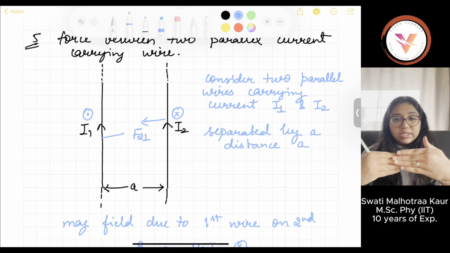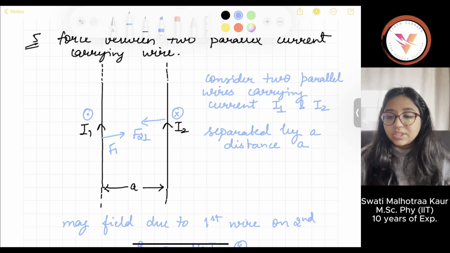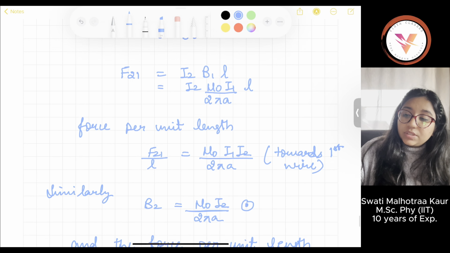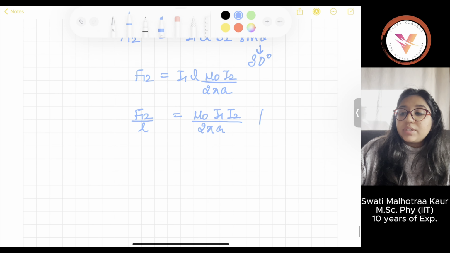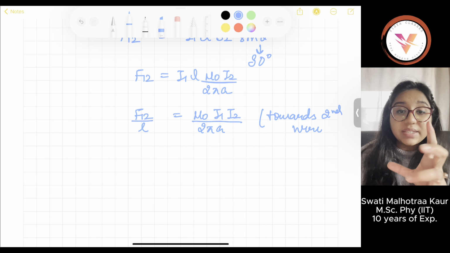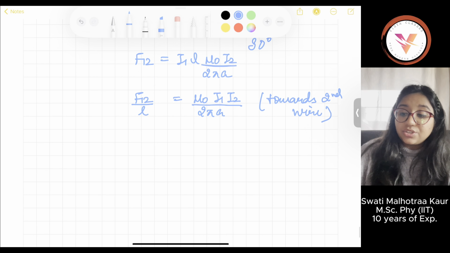That is, both the forces are towards each other. That means they are attracting in nature, towards wire 2, towards the second wire. That means the wires having parallel current attract each other.